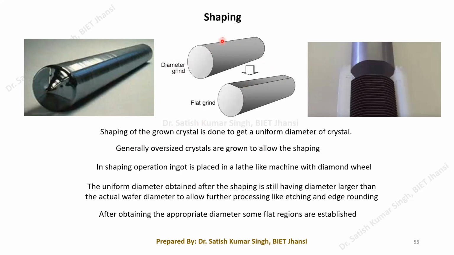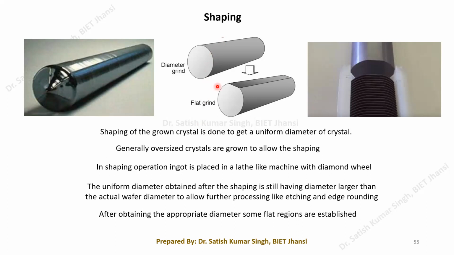One more important point that we have to remember is, whenever we are making a wafer, there must be certain specifications. When we are cutting the wafers, they would have a particular thickness, as per the requirement.